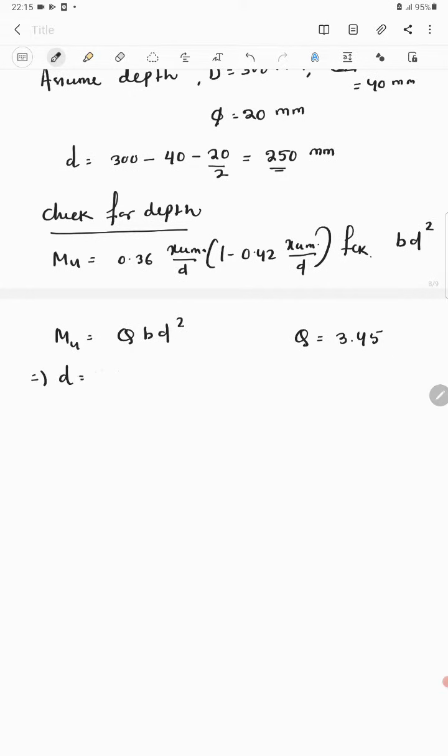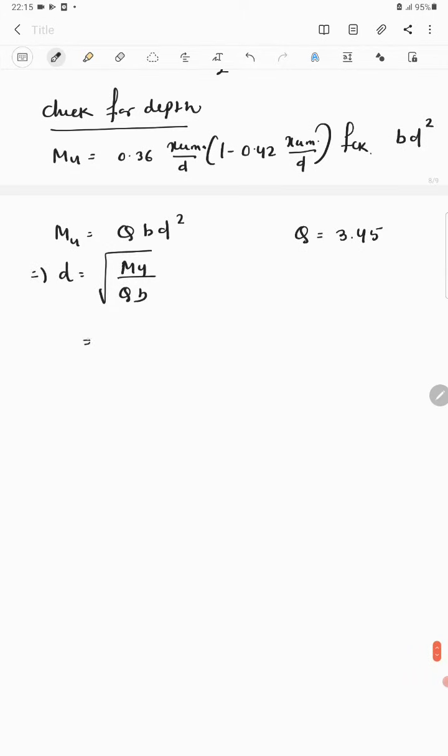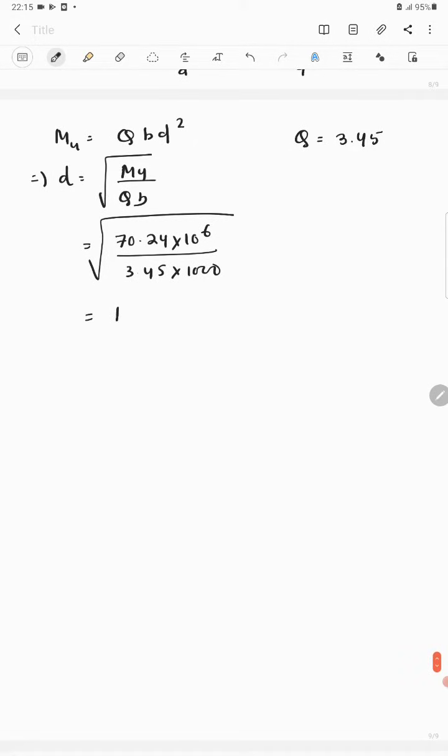So D will be the square root of Mu divided by QB, which is equal to 70.24 into 10 to the power 6 divided by 3.45 into B, where B is 1000. So this is coming 142.64 mm. This is the required depth, D required. But we have taken 250, which is more than this, so this is safe.